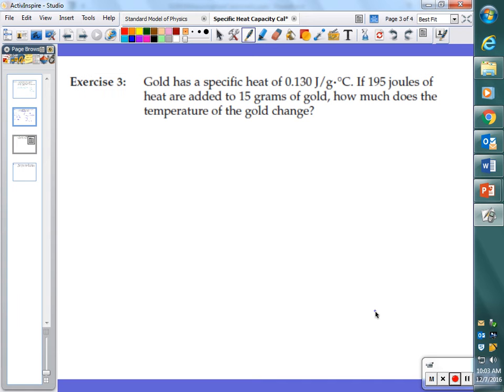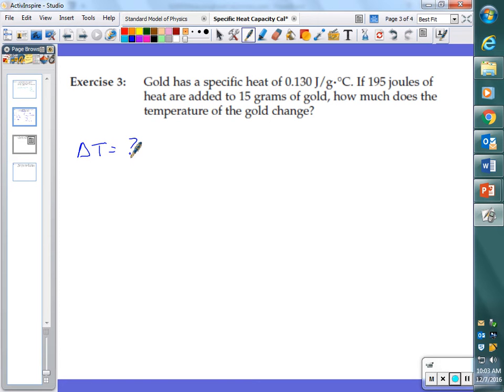Gold has a specific heat of 0.130, which we already talked about. It says if 195 joules of heat are added to 15 grams of gold, how much does the temperature of the gold change? So what is this question asking us for? Changing. All right, delta T is our unknown.